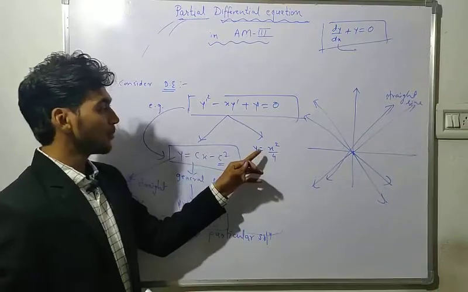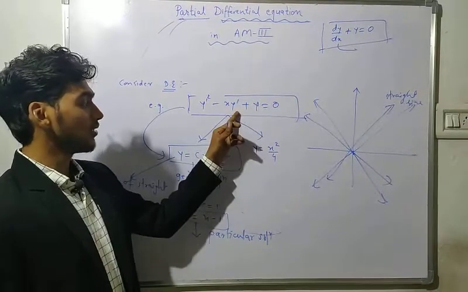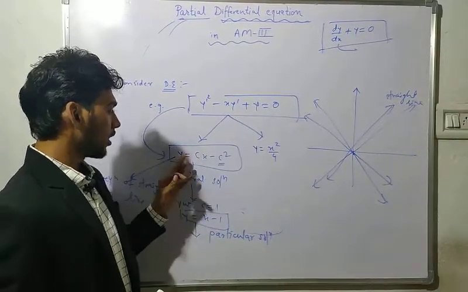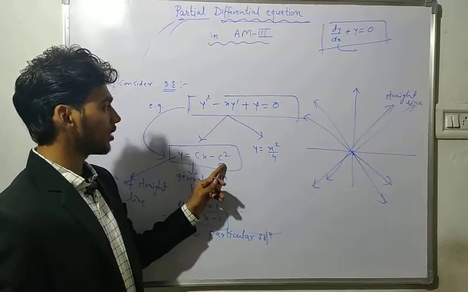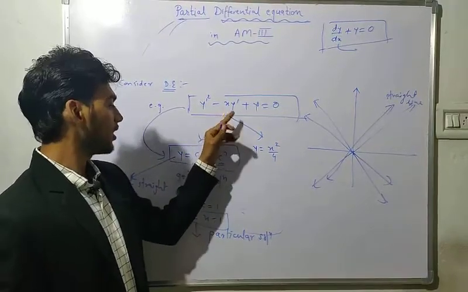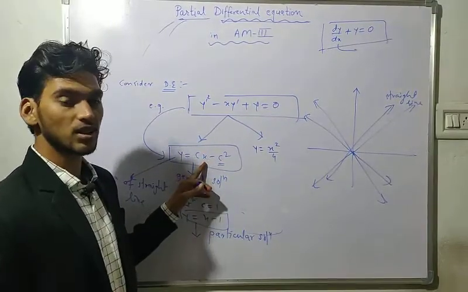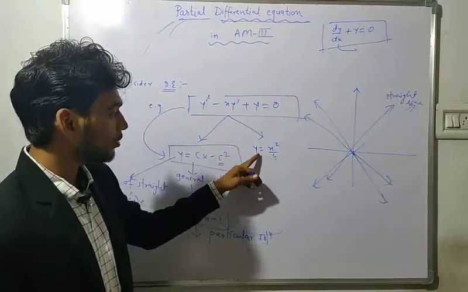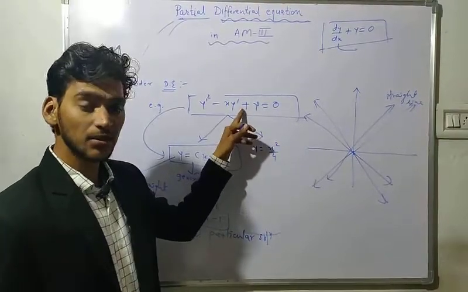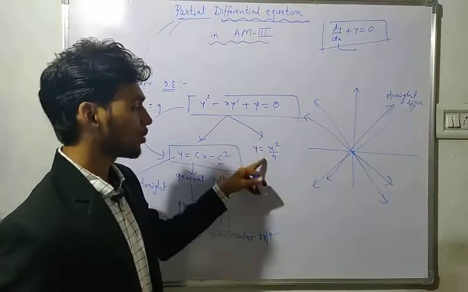Why is it a solution? Because it satisfies this differential equation. After putting y equal to cx minus c square in this equation, you will get it equal to 0. So this is the general solution, and after putting y equal to x square by 4, you will get the same result. So that is also our solution.